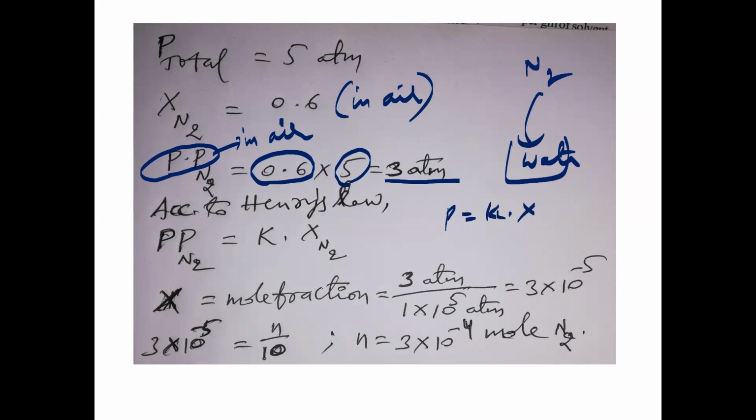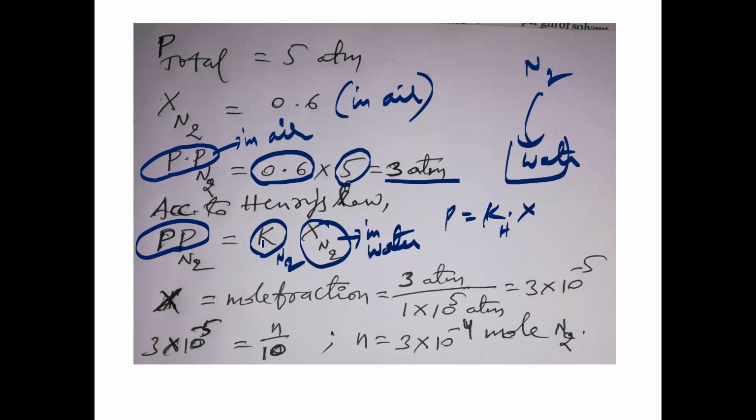The partial pressure of nitrogen is equal to the KH value for nitrogen, which is given, times the mole fraction of nitrogen in water, not air. As the temperature is the same, we take the same KH value given. And the partial pressure we already got, that is 3 atm.